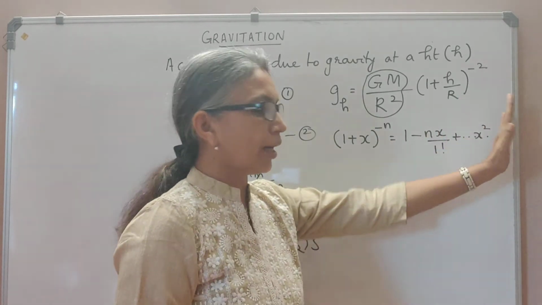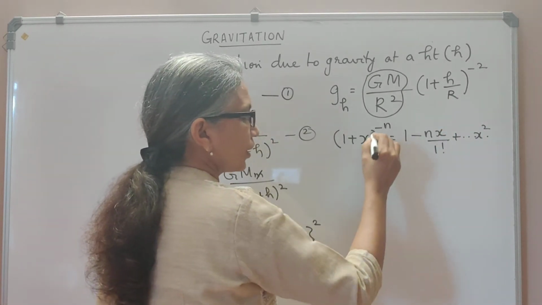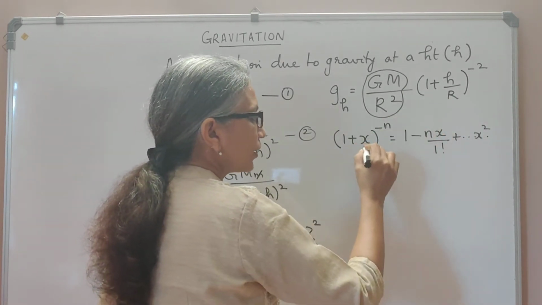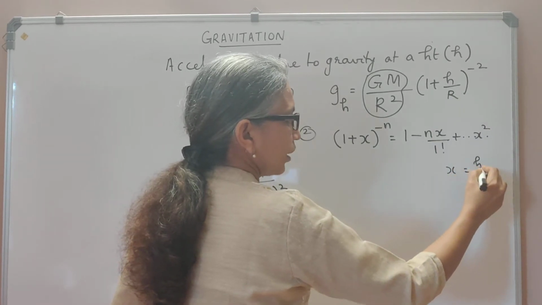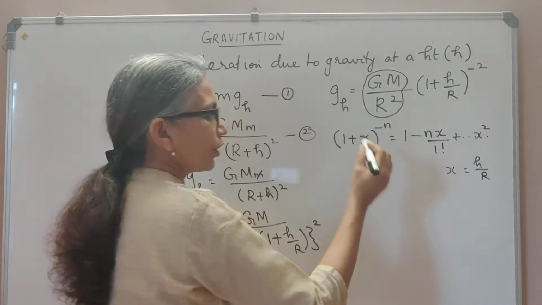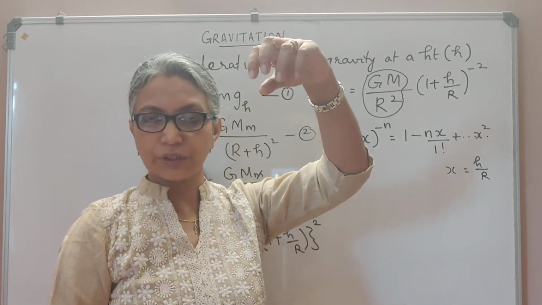But we neglect all higher powers of x because in our case, in (1 plus x) raised to minus n, this x is actually h by R, right? So x being h by R is very small because we are looking at a body at some height h from the surface of the earth.